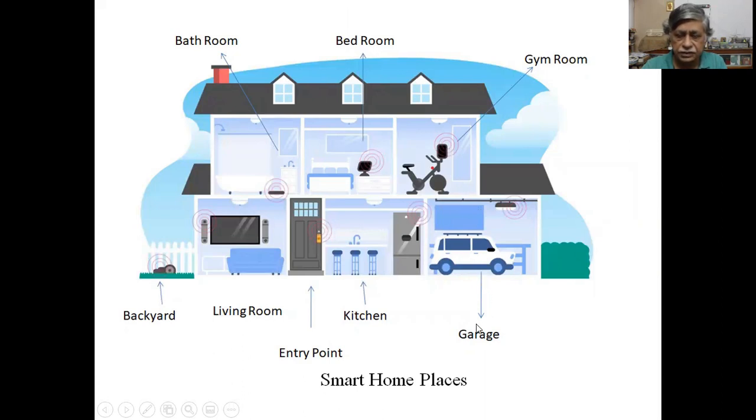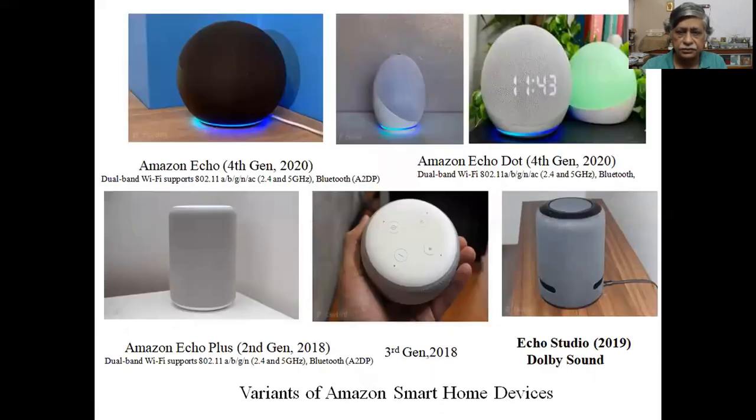And as far as the garage is concerned, during the parking of the vehicle, the garage door can be automatically opened and the light inside will be switched on automatically and also off automatically. So all these things can be controlled with the help of what is otherwise called smart home system. So these are some of the places inside the home which you can try to control.